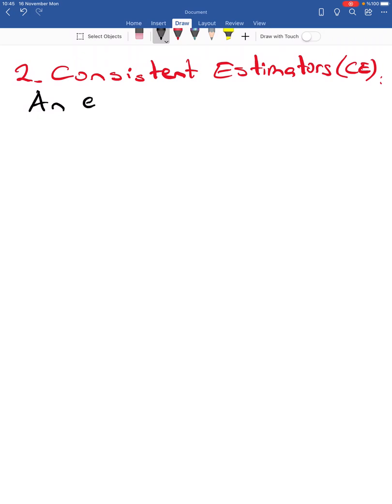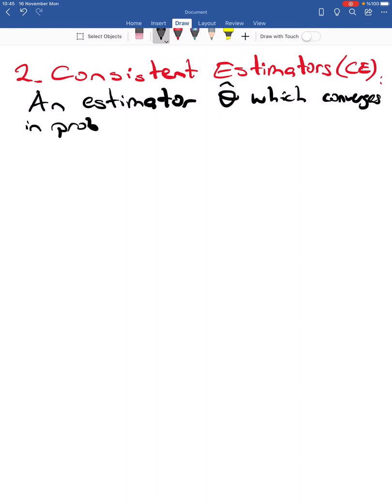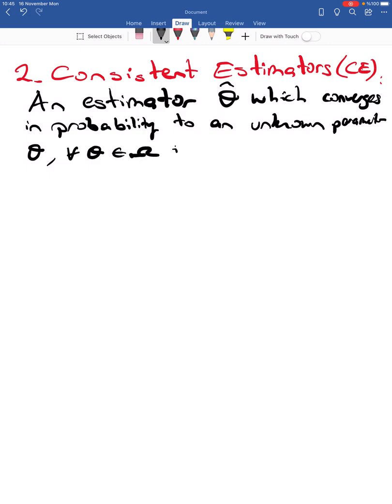So we have an estimator, theta hat, which converges in probability. I hope you remember these convergence rules or the meaning of convergence in probability to an unknown parameter theta for all theta values in the parameter space is called a consistent estimator of theta.